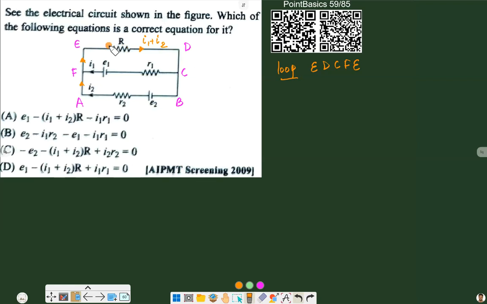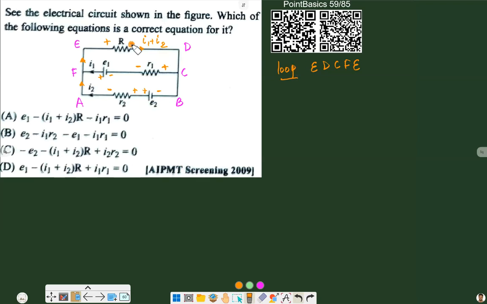Here, for this resistance, current is moving from left to right, so this will be positive and this will be negative. For this resistance R1, current is moving like this, so this will be positive, this will be negative, and for the battery, it will be negative, positive. And for the lower part, as current is moving from right to left, this will be positive, this will be negative, and for the battery, this is negative, this is positive.